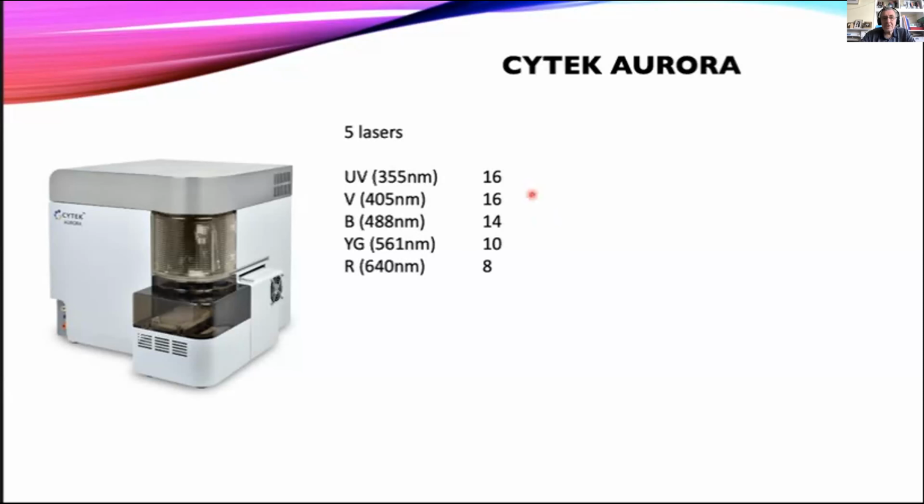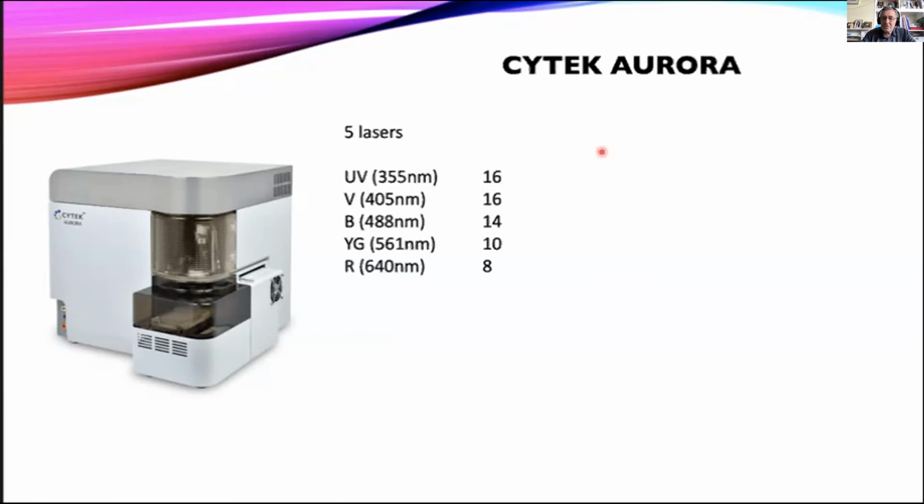So 16 for the UV and the violet, 14 for the blue, 10 for the yellow-green, and 8 for the red. As you can see, that number goes down as we move up the electromagnetic spectrum. That's simply because if I'm using a red laser to excite my fluorochromes, I've got much less space in the electromagnetic spectrum to detect emitted fluorescence than I have if I'm using a UV laser.